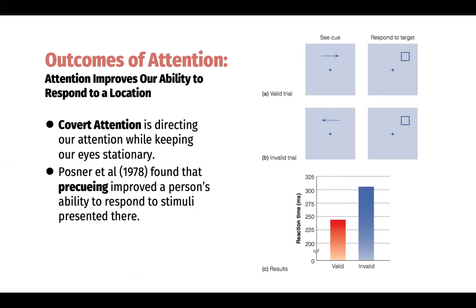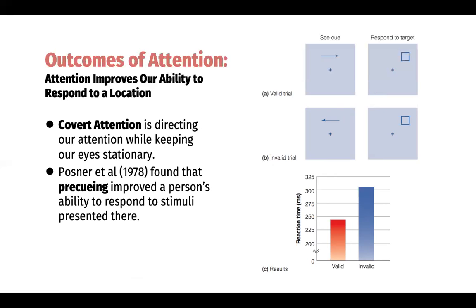They asked whether paying attention to a location improves a person's ability to respond to stimuli presented there. To answer that question, Posner used a procedure called pre-cueing. The results, shown in this figure, indicate that participants reacted to the square more rapidly when their attention was focused on the location where the signal was to appear.